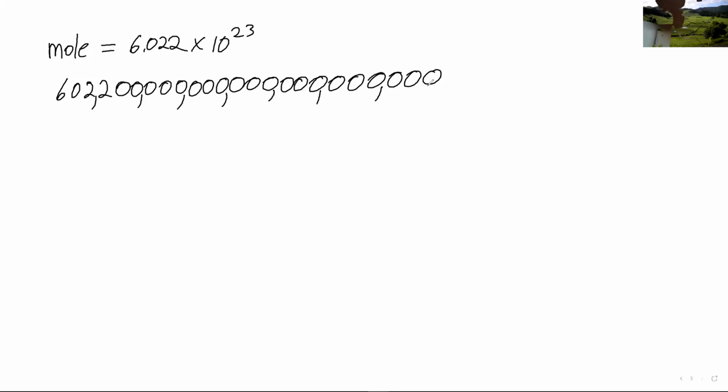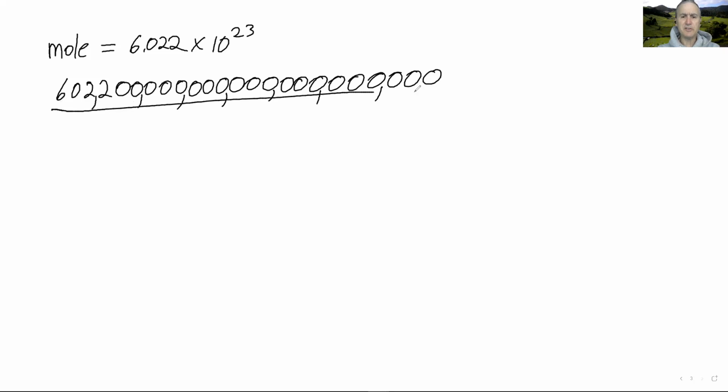So we wouldn't really even be able to make sense of that number, at least not in our lifetime. We wouldn't be able to calculate it in our lifetime. Okay, so that's what a mole is.